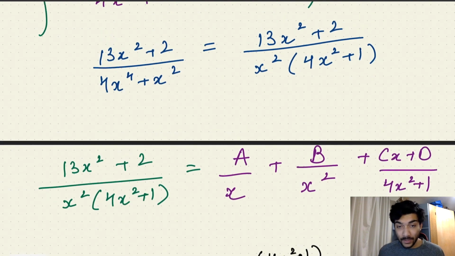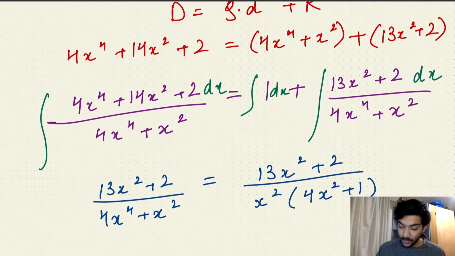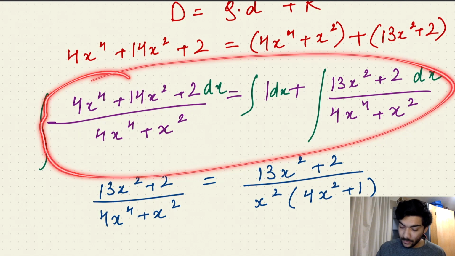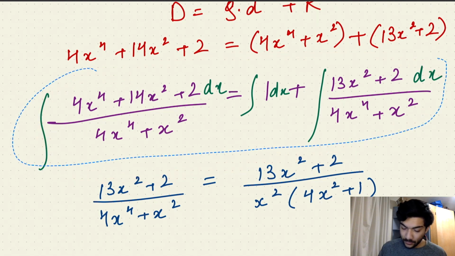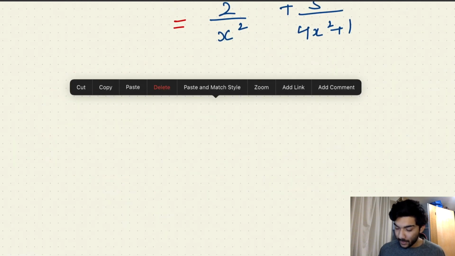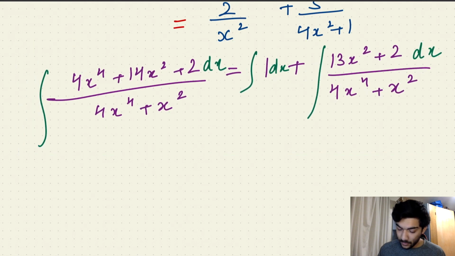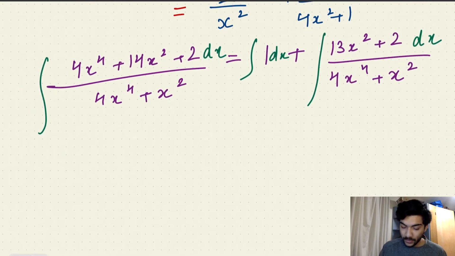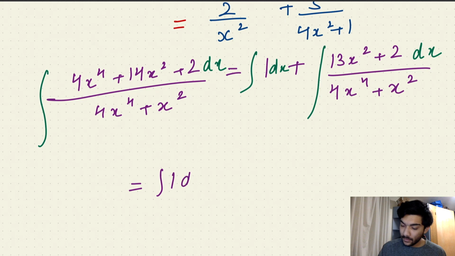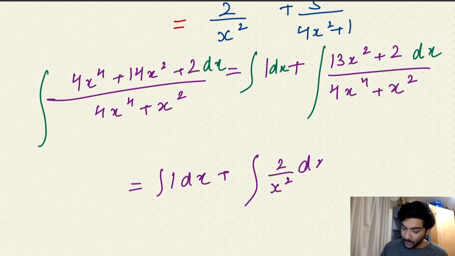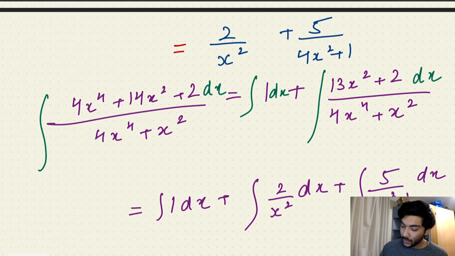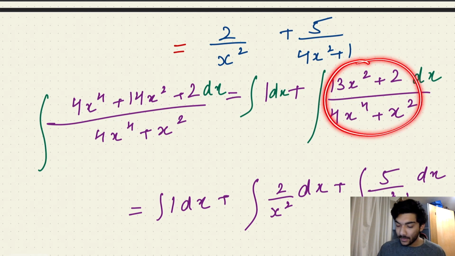And now finally, if you want to calculate this indefinite integral over here, you can easily simplify it to just calculating the integral of 1 dx plus the integral of 2 upon x² dx plus the integral of 5 upon (4x² + 1) dx in this case.